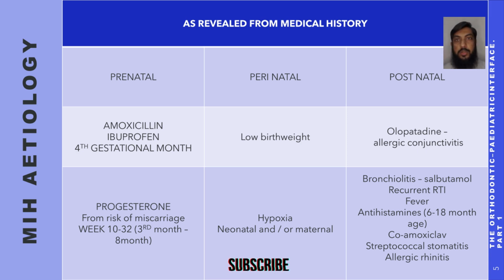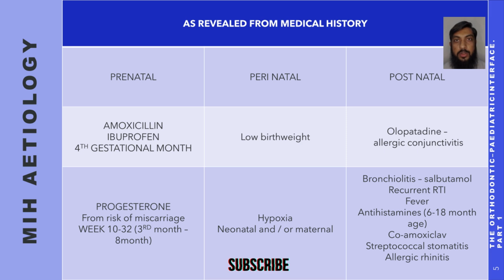The prenatal causes, before the child was born, are the administration of amoxicillin, co-amoxiclav, and ibuprofen to the mother, and the administration of progesterone to lower the risk of miscarriage.